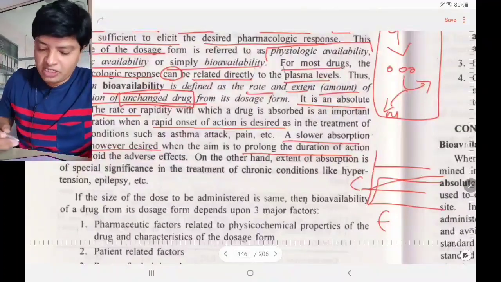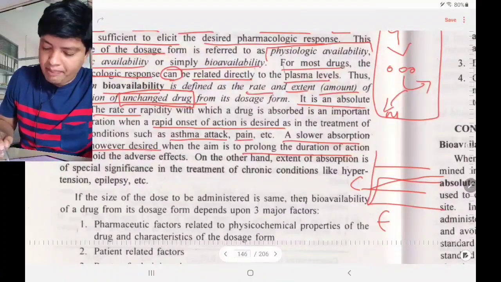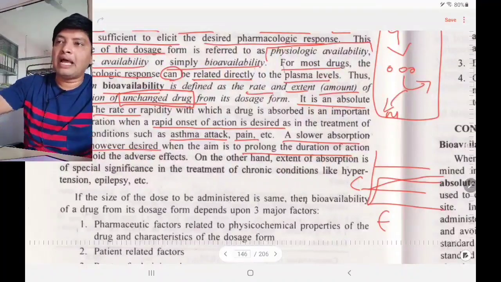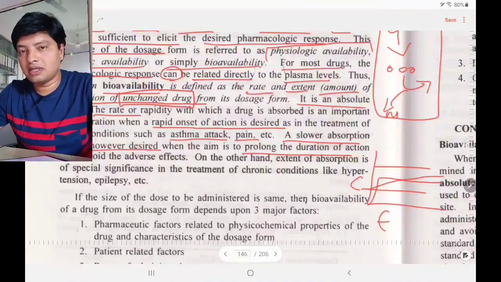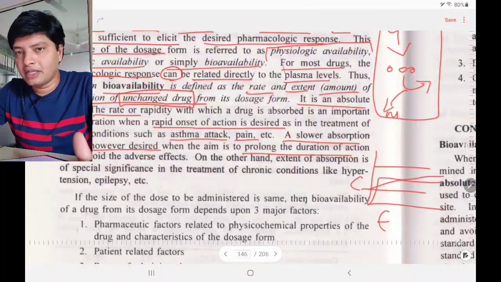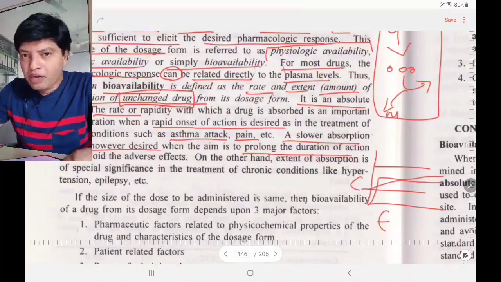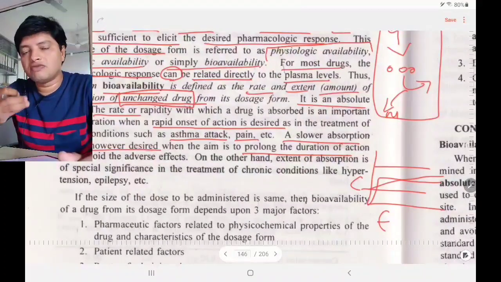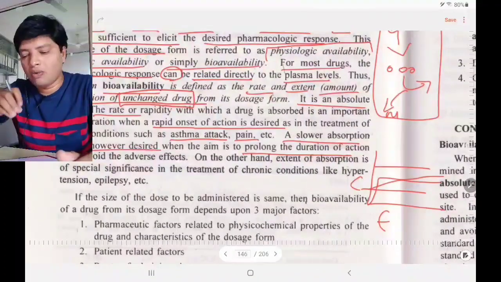Where you want fast absorption, see here, asthma attack, pain. Let's say I have pain now; if I take a drug and it acts after 5 or 6 hours, then there is no meaning in taking the drug. If I take a dosage form now, it should act now itself.